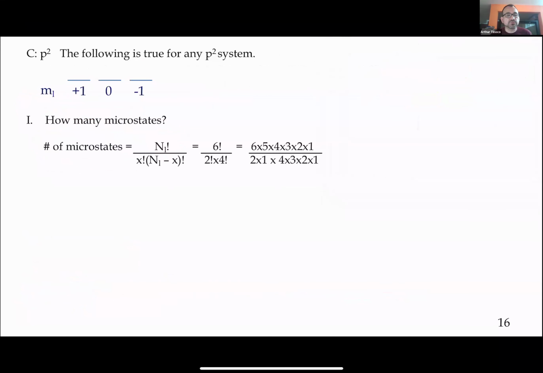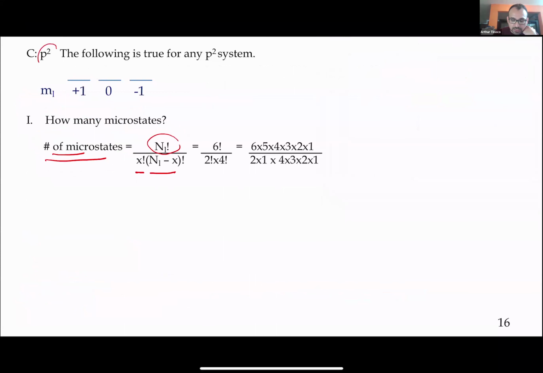Well, we use this to define an equation to determine the number of microstates, where we have N sub l factorial divided by x factorial times, in parentheses, N sub l minus x, factorial. All right, so we already defined what those parameters are. So now we can go ahead and start filling in this information.